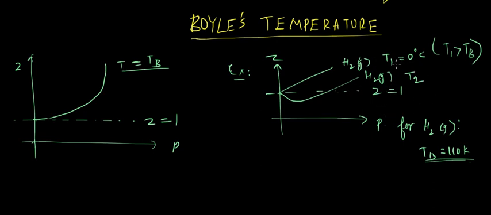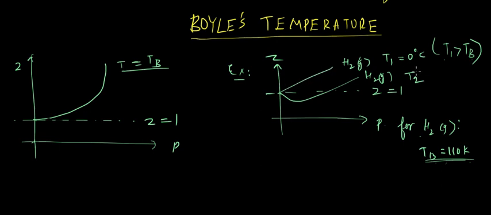You have been given in the question that for hydrogen gas at T1 equals 0 degree Celsius the nature of the graph is this, and for T2 temperature we don't know the exact value; the nature of the graph is like this. We know that TB for hydrogen gas is 110 Kelvin. T1 was greater than TB because T1 was 273 Kelvin, hence the nature of the graph was this.